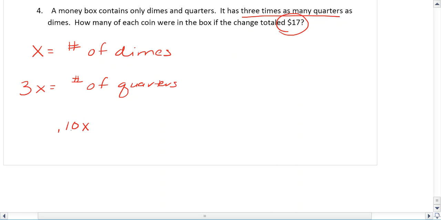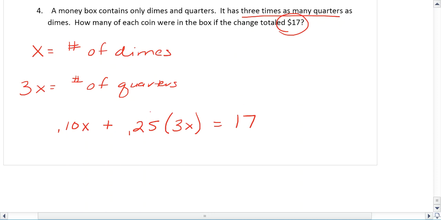Now this is the number of dimes times 0.1, which would give us dollars. So now this is a value. So we have the 0.10 times x. We have 3x for our number of quarters, and we know that a quarter is worth 0.25. So we want to multiply that times the quarters, which is 3x. And now this will come to total $17.